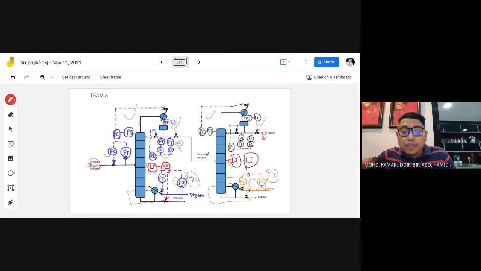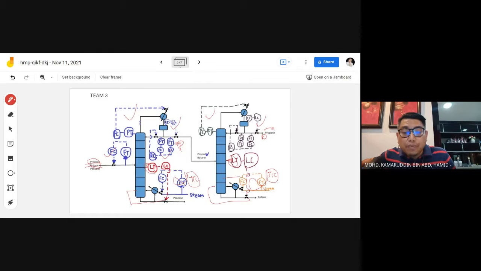Usually, if your distillation column is stable, not affected by disturbance, then the ratio will be the right configuration.